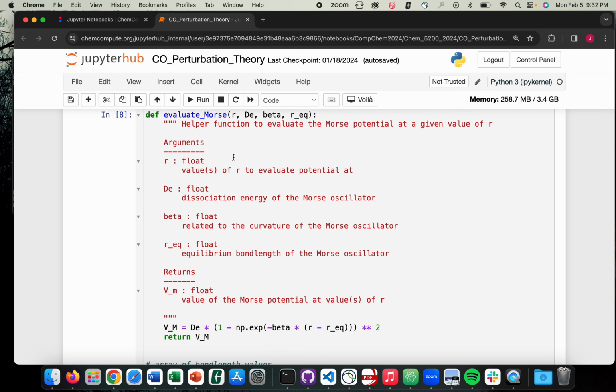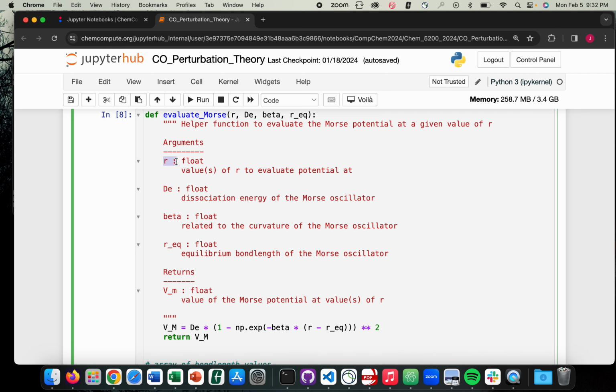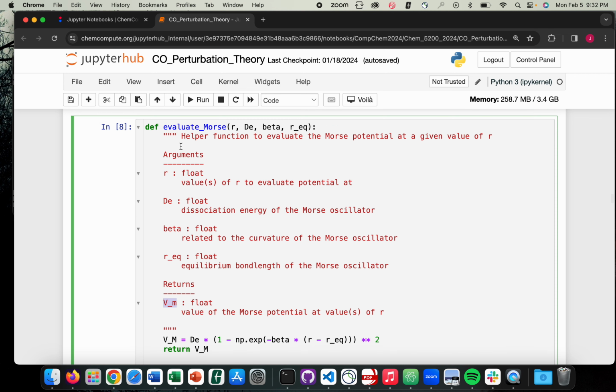Okay, so it's going to take some arguments. I've got the bond length R, the dissociation energy dE, the beta parameter, the equilibrium bond length, and it's going to return the Morse potential. And importantly, you want to think about this function as being pretty general and reusable.